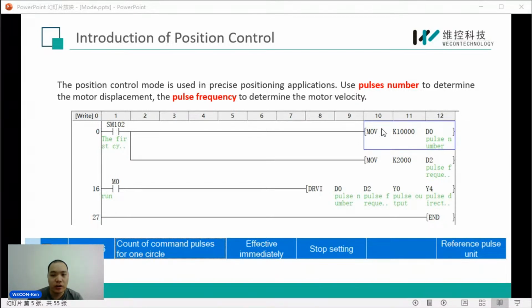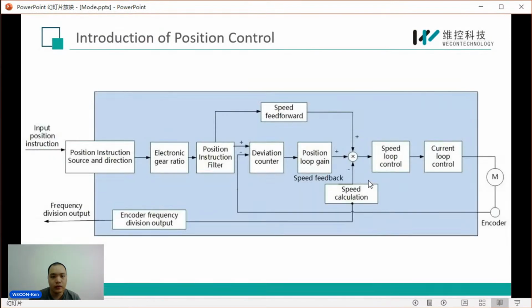This instruction means the motor will move 10,000 pulses of command distance, and its speed is 2,000 pulses per second, which means the motor needs 5 seconds to move this distance. Okay, next.